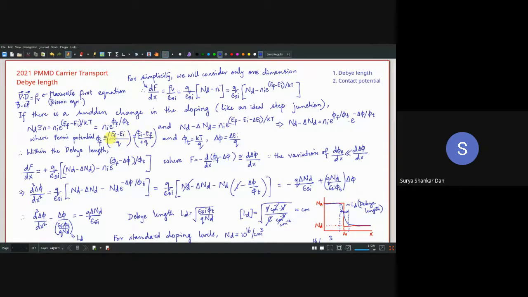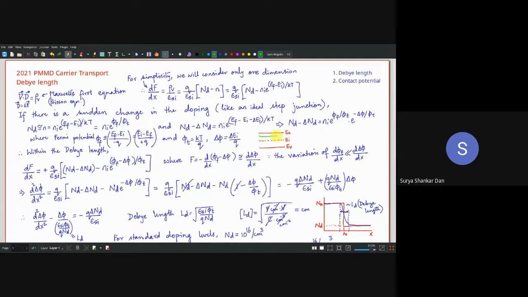Now I need to go into this a little bit. Notice that if you are having an EC here, this is an EV. Somewhere in the middle you have got EI. Now if it is the N type material, where will be the EF?